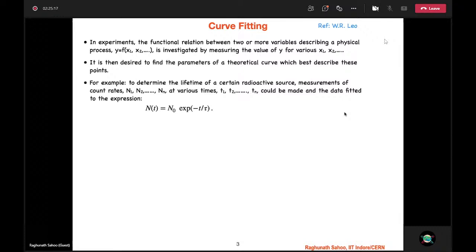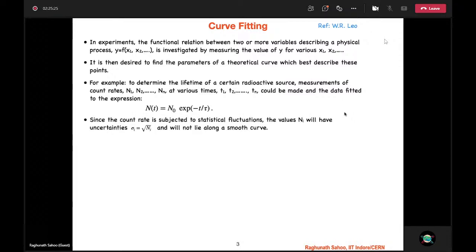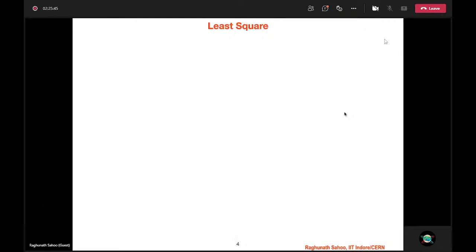This radioactive formula we know, so this is fitted to find out the radioactivity at any given time. Since the count rate is subject to statistical fluctuations, the values Ni will have some uncertainties sigma_i, which is root of Ni because these are counting experiments, and the points will not lie on a smooth curve because this fluctuation will come up in your measurements.